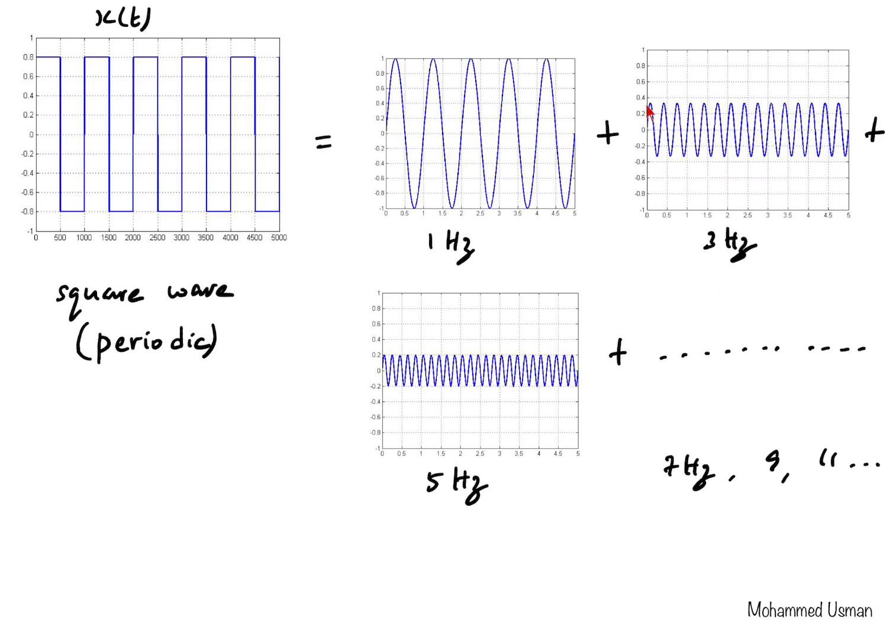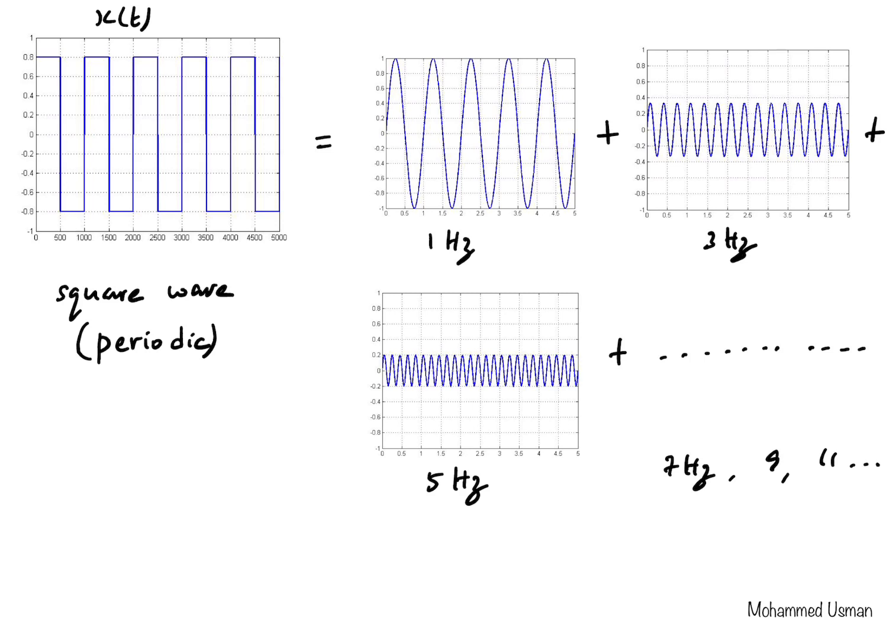The 3 hertz component has an amplitude of around say 0.35. The 5 hertz component has an amplitude of 0.2. And likewise, each higher frequency component is going to have smaller and smaller amplitude. So we need to find out the amplitude or magnitude of each frequency component, and also what all the different frequency components present in the signal are.